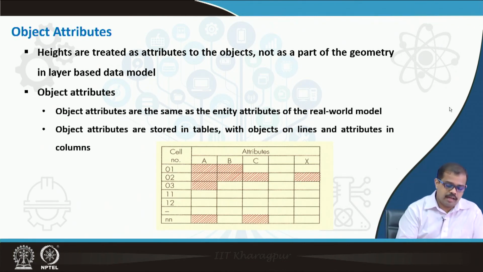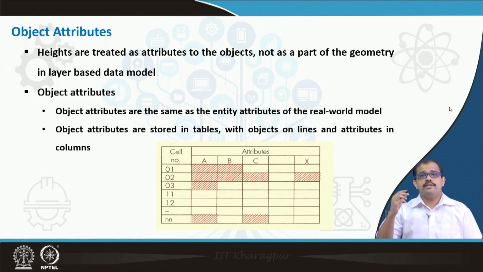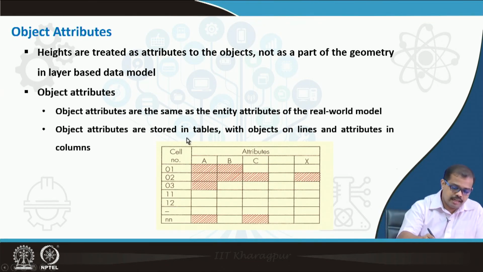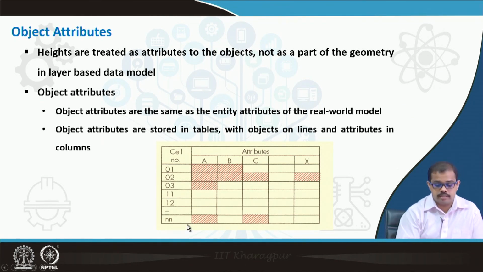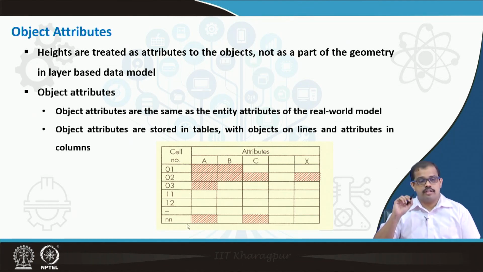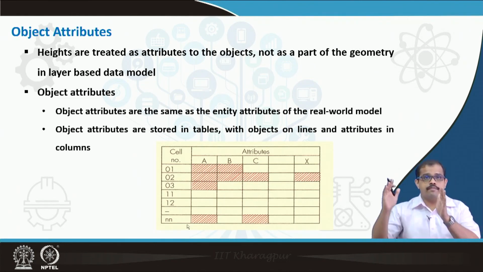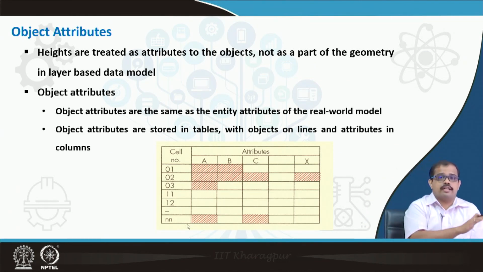For example, I have a table here which is connected as a database. These are different objects represented here, cell number 1, 2, 3, 11, 12 to n. These are nothing but objects, whereas these are the attributes stored for each cell. So you have an object, and a number of attributes connected to a cell.